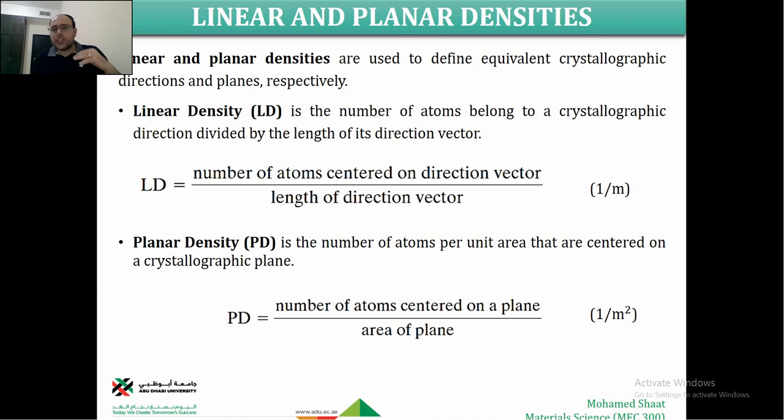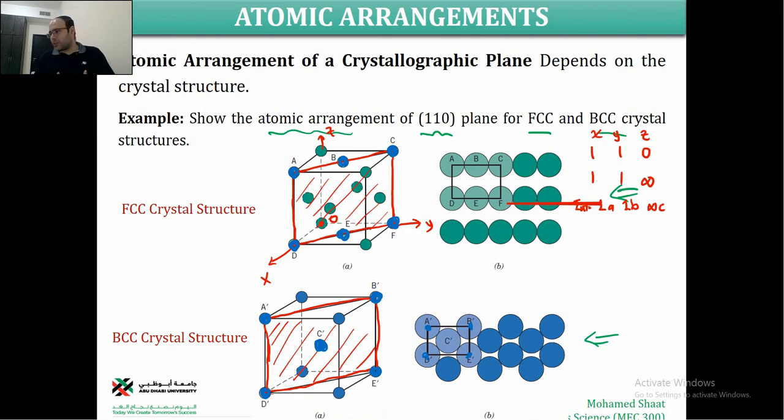This density gives you an idea about how densely a direction or a crystallographic plane is filled with atoms. As I mentioned, there are some important planes depending on the crystal structure, like 110. So for example, for the FCC crystal structure, is this plane dense or not? Is it filled with so many atoms or not, in comparison to the BCC crystal structure?